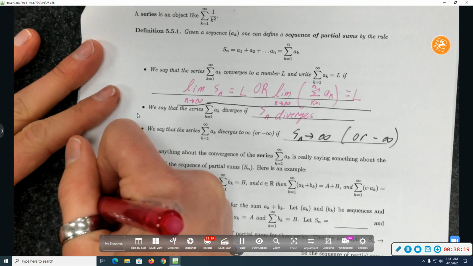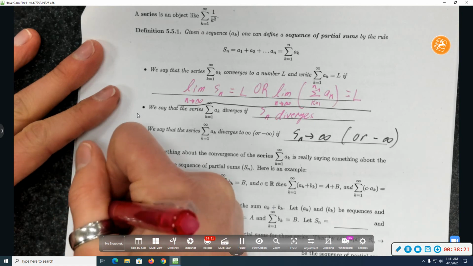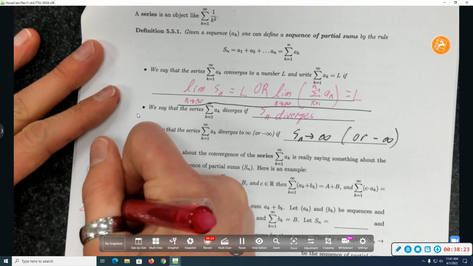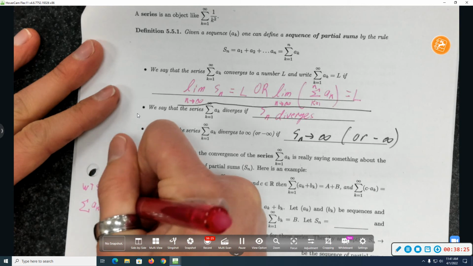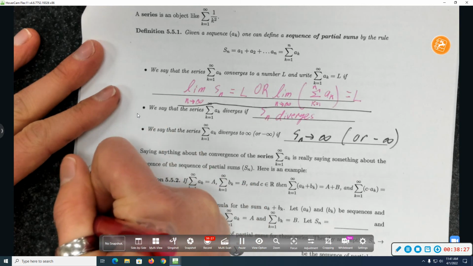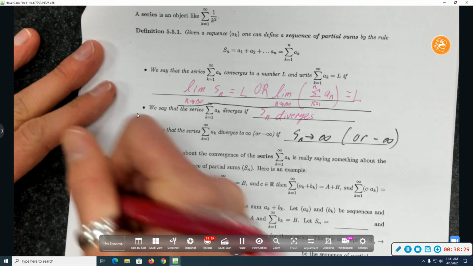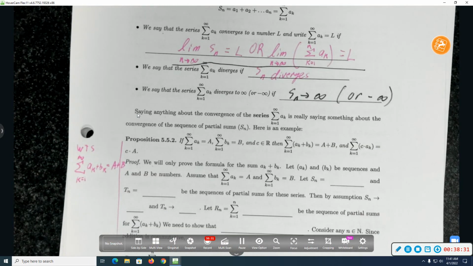I want to show the infinite sum of all the a_k plus b_k is equal to A plus B. So that means I want to show something about a sequence of partial sums converging.